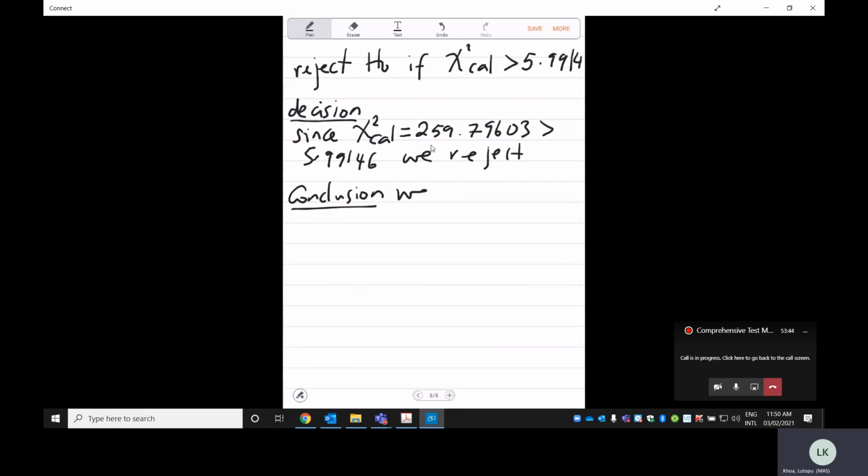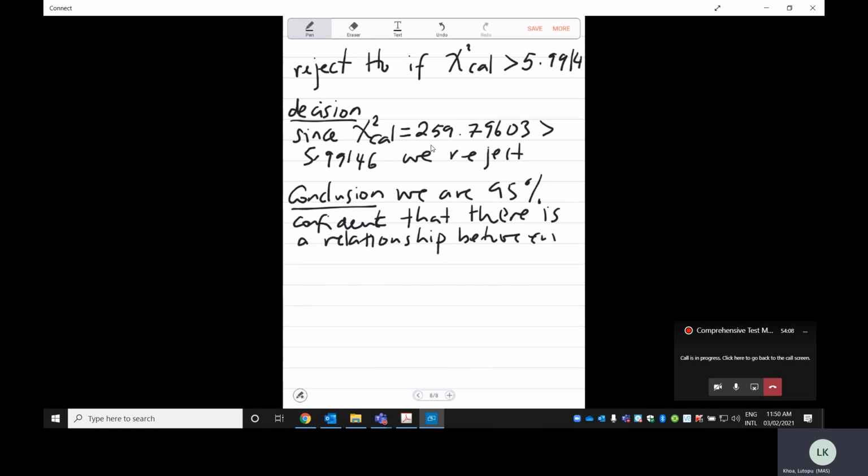So we say we are 95% confident there is in fact an association, a relationship, between gender and favorite color in elementary school.